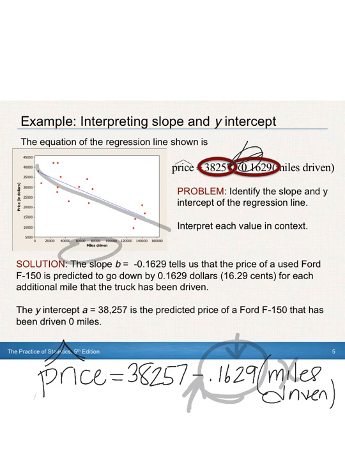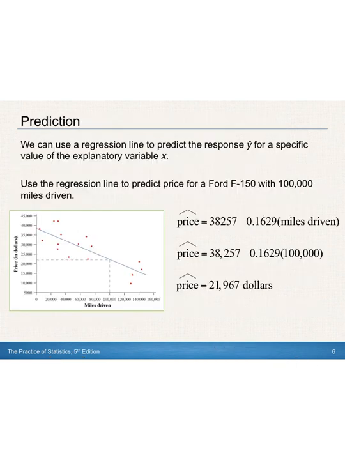And the y-intercept is the predicted price of a Ford 150 that's been driven 0 miles. Now remember that the y-intercept is not always, based on the situation, an actual number that makes sense for the situation. In this case, we are starting pretty close to 0, so that could be an actual good prediction.